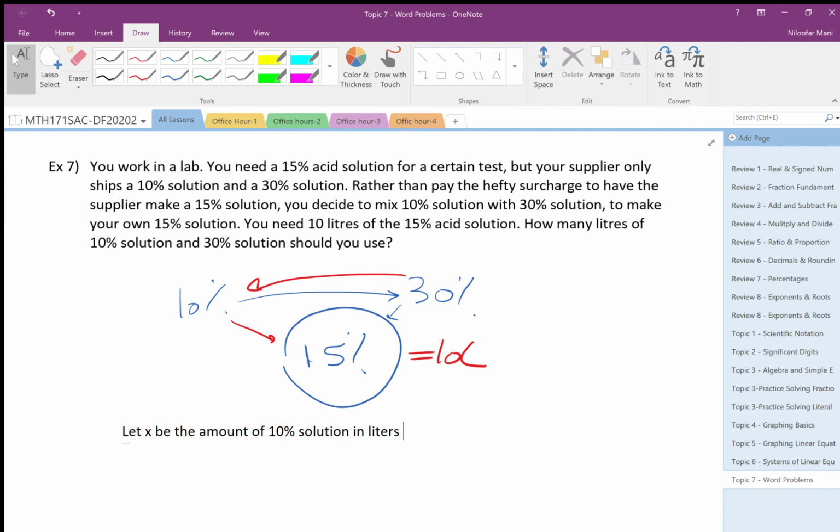How do I know? Because that's a liter. Let y be the amount of 30% solution in liter.